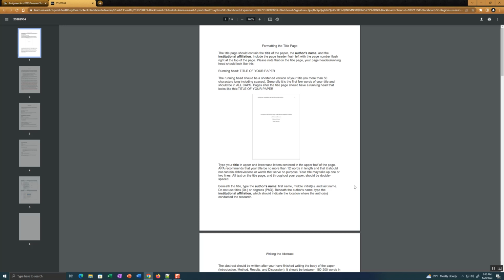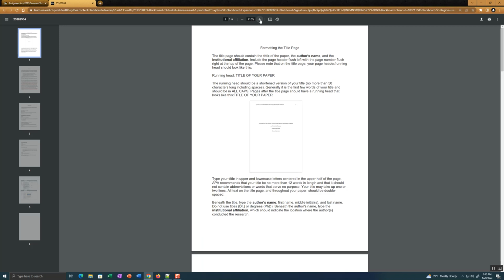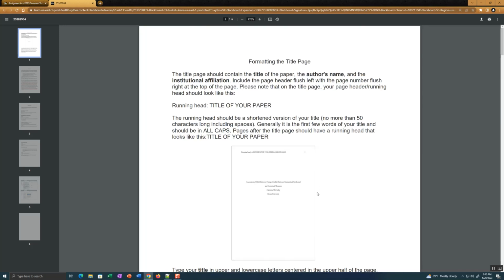And so the title page is pretty basic. For the title page, we're going to have at the very top the running head. The words running head are going to appear at the very top of the page in the top margin, flush left, left justified, as they appear right here.